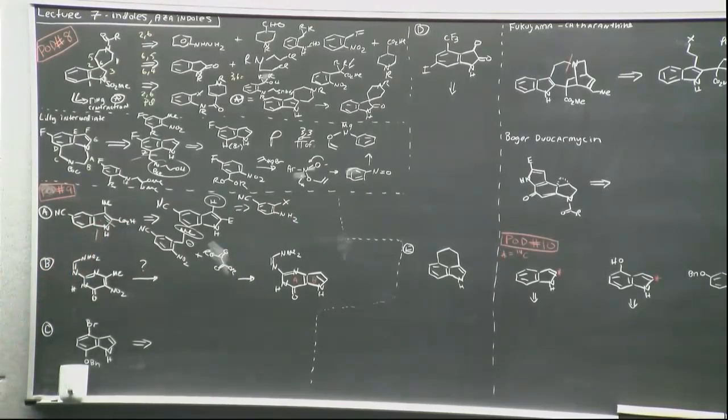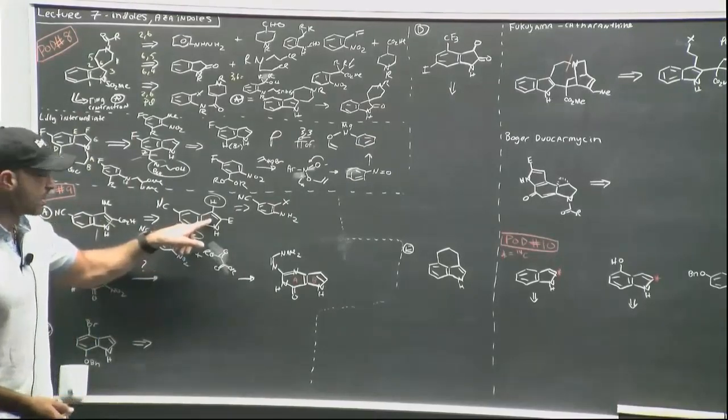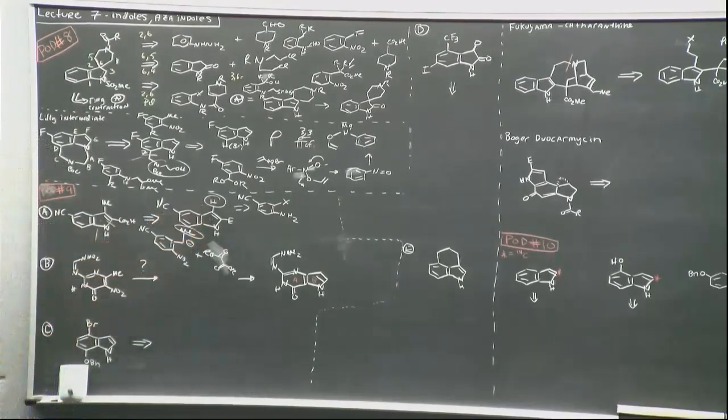That's what Pavel is saying. But very rarely do people do that. More likely, they would do what Alex said, which is to target this, make this through Hemetsberger, and then methylate. And then that comes from the aldehyde. Nothing wrong with that disconnection either, by the way. It's fine, if you want to do Hemetsberger to get there.